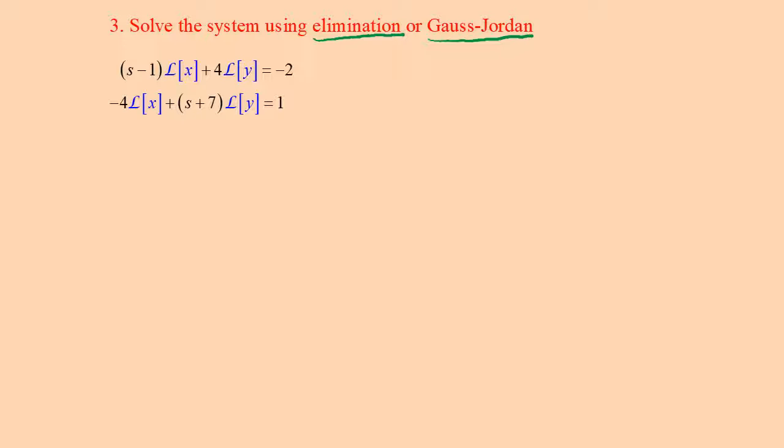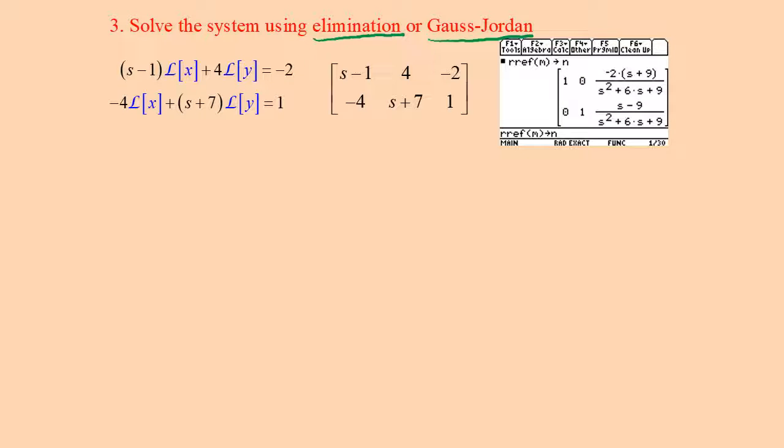So the best way of dealing with this is to have a calculator. We can form the augmented matrix and use the Gauss-Jordan method on our calculator. That takes one command. Now that's after you've entered the matrix, of course. And you'll notice the two solutions are right there, Laplace x and Laplace y.